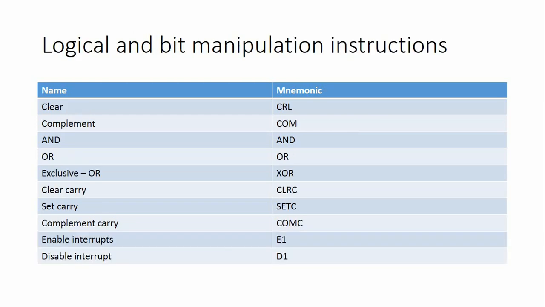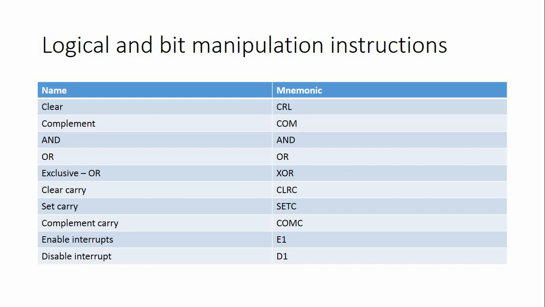Next come the logical and bit manipulation instructions. Logical instructions perform binary operations on strings of bits stored in registers, and bit manipulation instructions set or reset individual bits within the given data word.